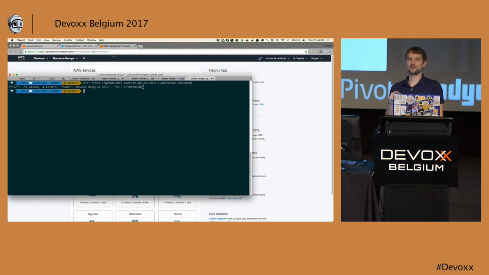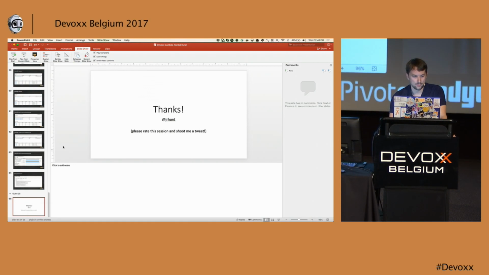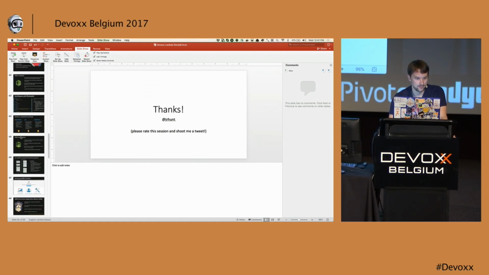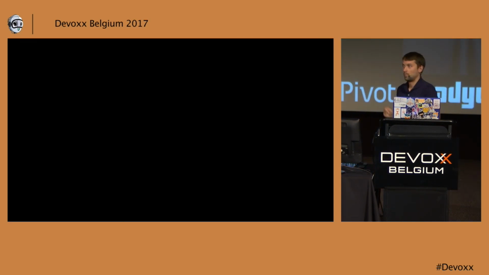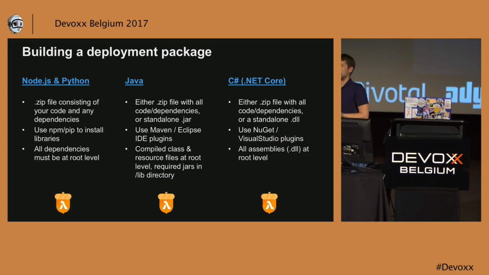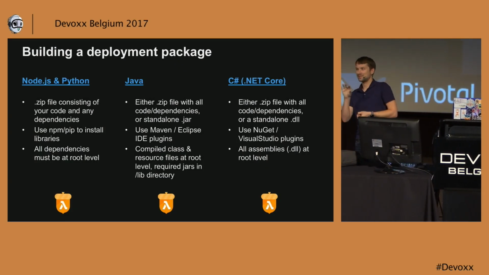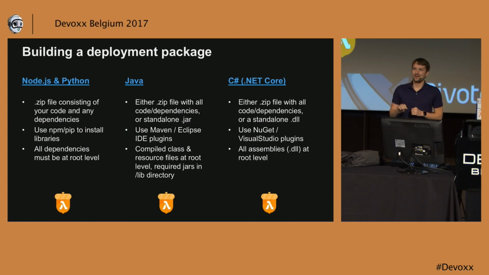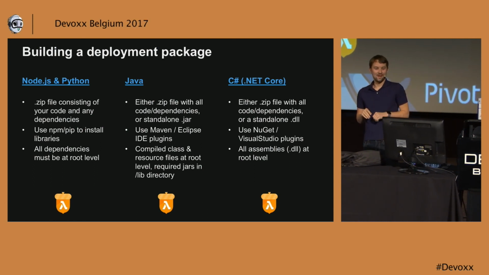And the question was, which language is best? In case of Java, what do you deploy? So I will show you. If we look back at this slide, with Java, what you deploy is a zip file or a jar file, which are really the same thing, with very mild differences.